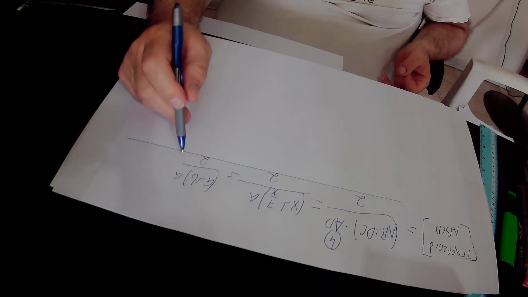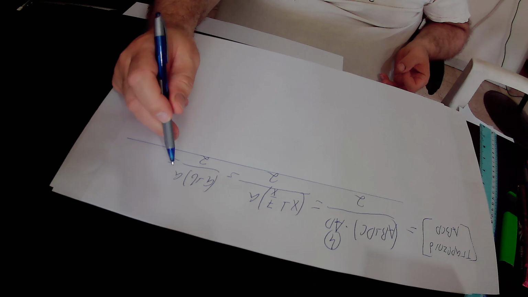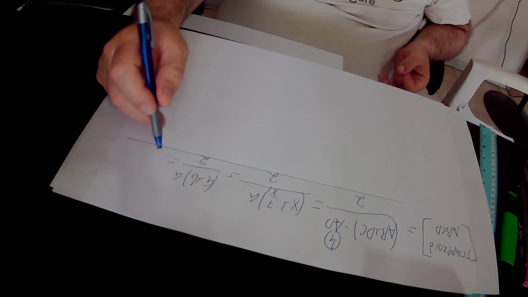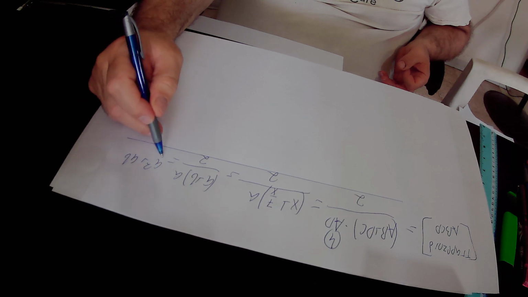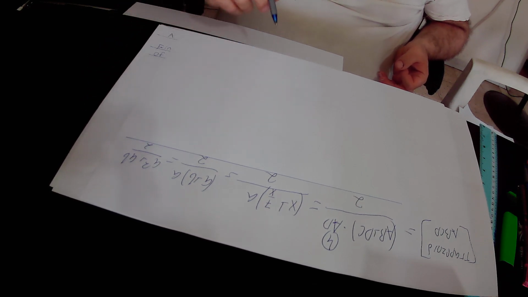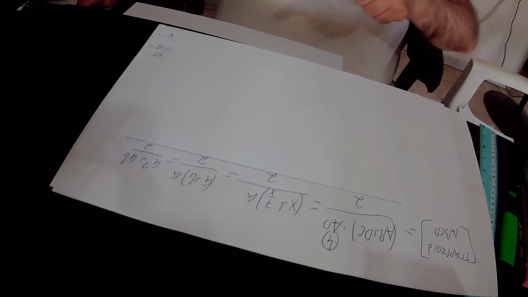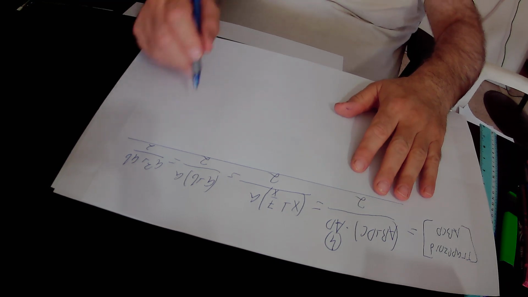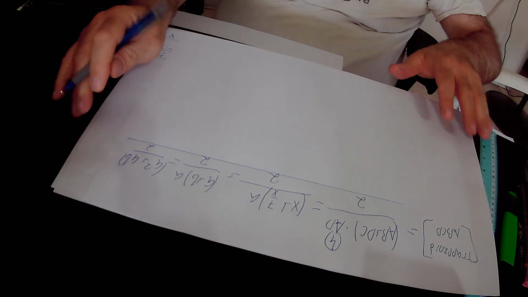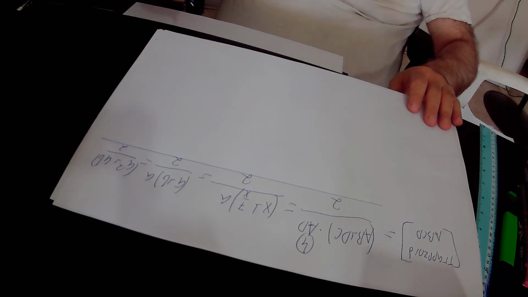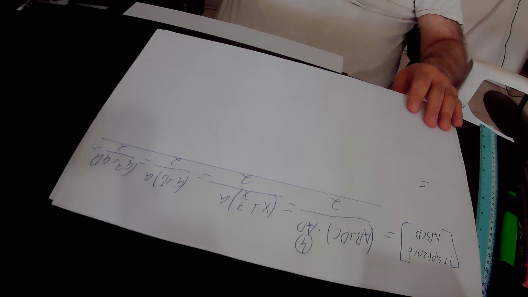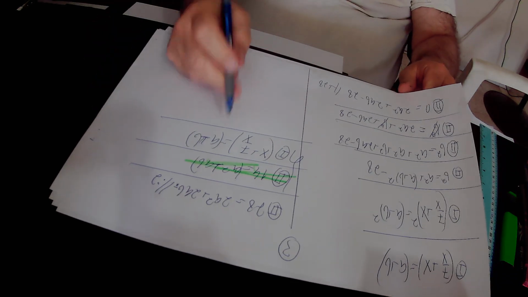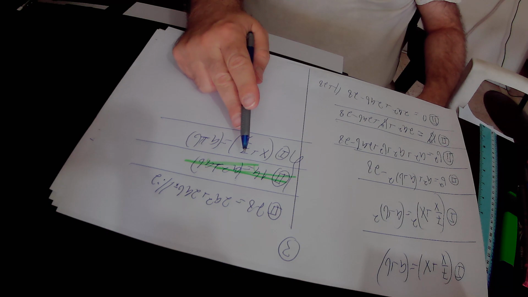Here we'll open the brackets of this expression. A times A is A squared, plus AB, over 2. But according to equation 2, we already found out that A squared plus AB equals 14.